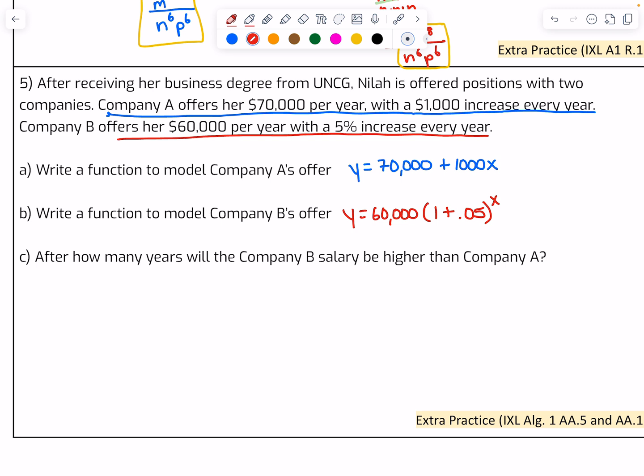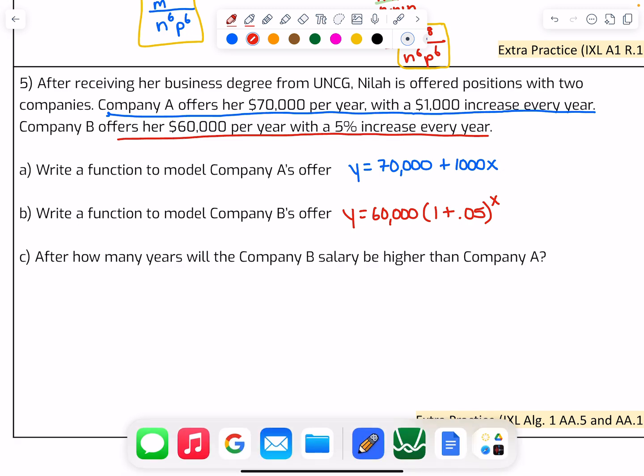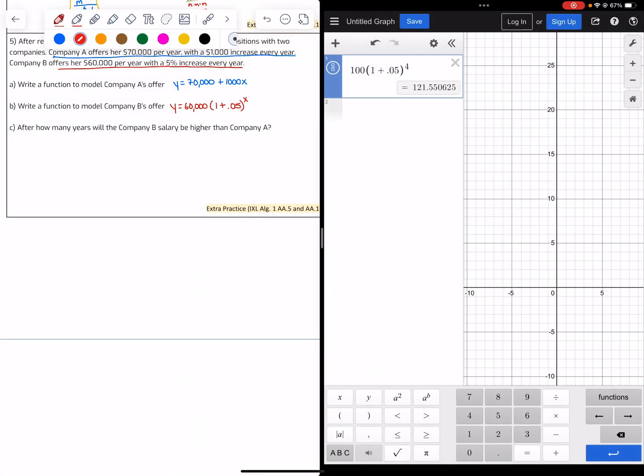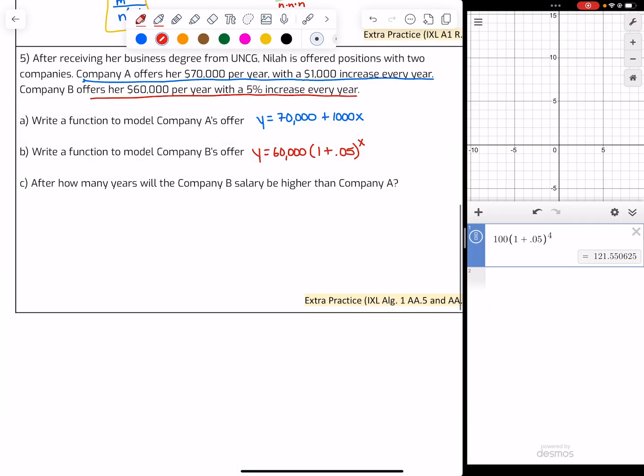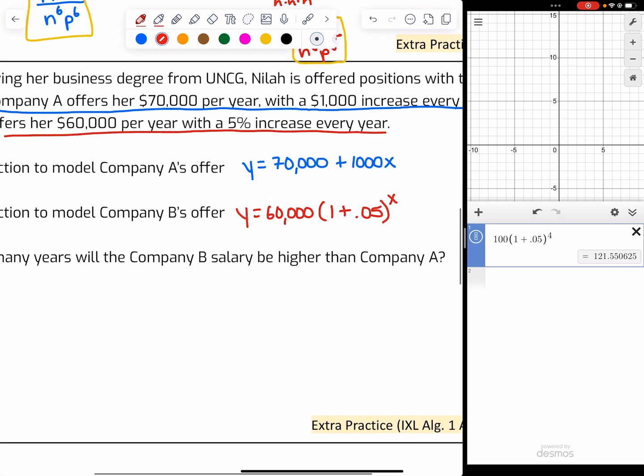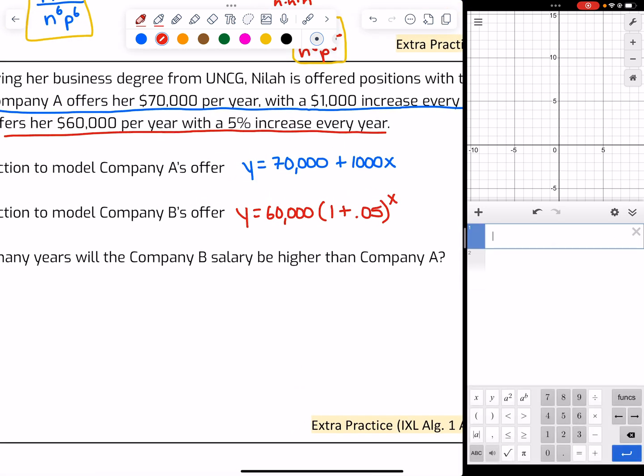Now we want to know, after how many years will the Company B salary be higher than Company A? So what I would do is just type them in Desmos and figure out where do they touch, because after that, Company B should be making more. So let's say Nyla will make more with Company B.